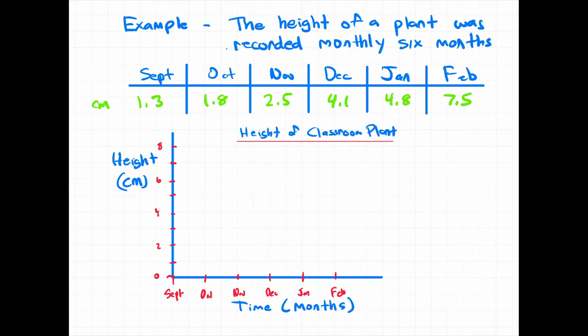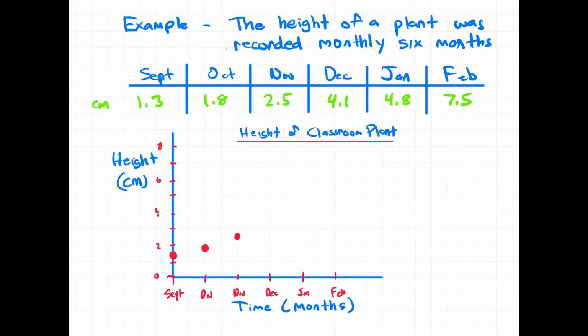Okay, and now I'm basically just going to put a dot at each one of those positions. So I'll go right here, grab that color, and in September it was 1.3, so it's right around that position. In October it's 1.8, so a little bit taller. November, it was 2.5, so we're going to be right about here.